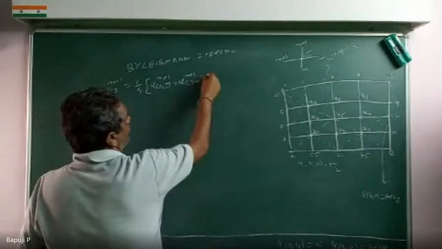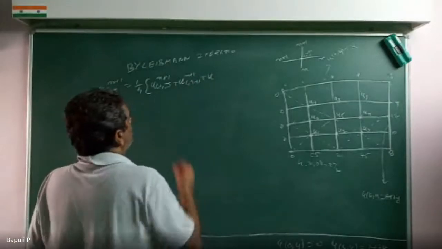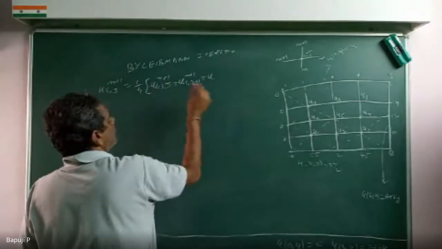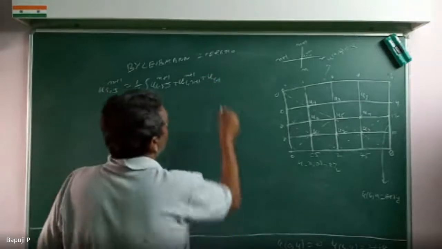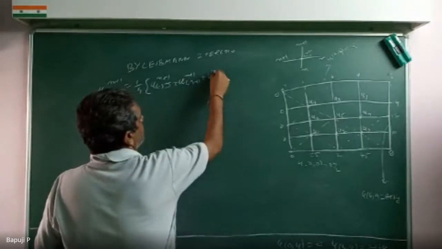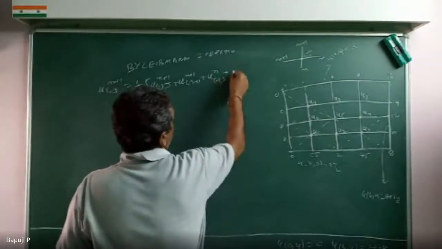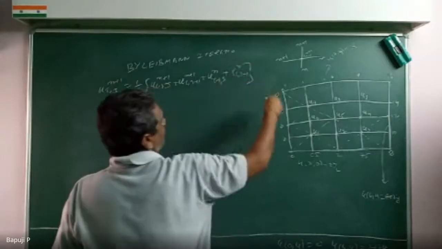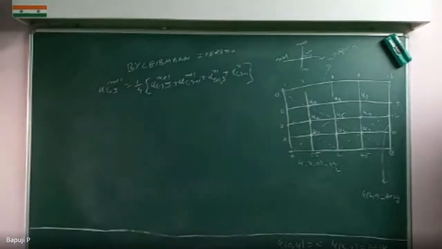Plus u i plus 1, j at nth position, plus u i, j minus 1 at nth position. Top n plus 1, left n plus 1, down n, right n. That's it.